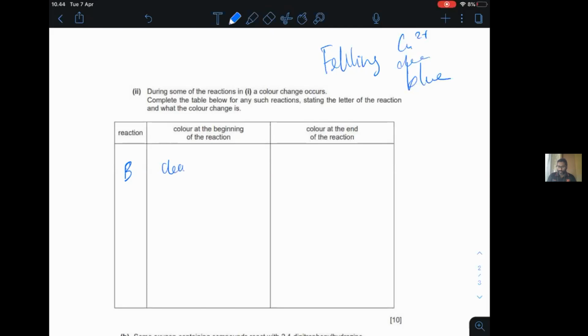This clear blue solution, when warmed, the aldehyde will change into carboxylic acid. So at the end of the reaction, you are going to get an orange precipitate, or you can just mention brick red precipitate.